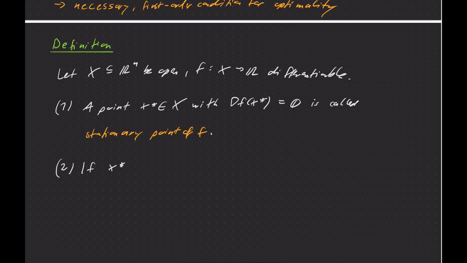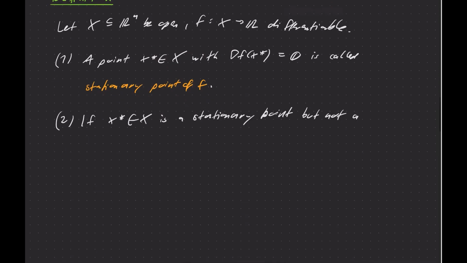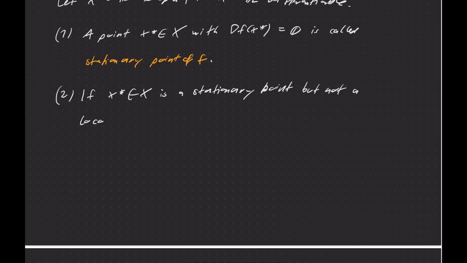So if x star in X is a stationary point, but not a local optimizer, then x star is called a saddle point.